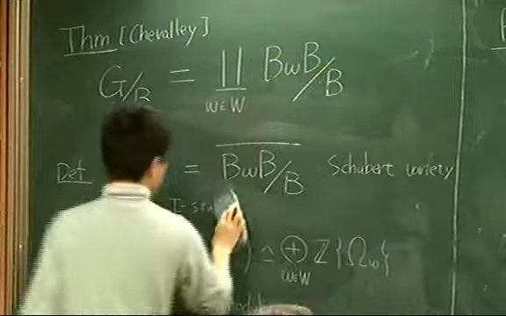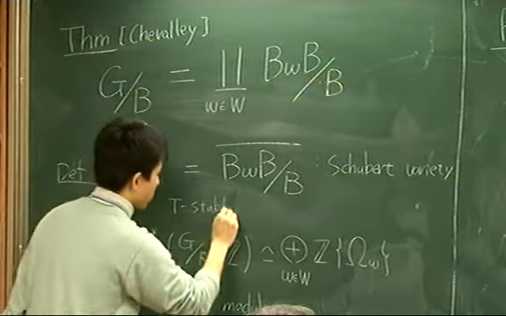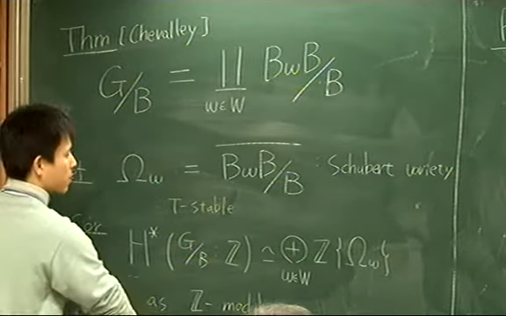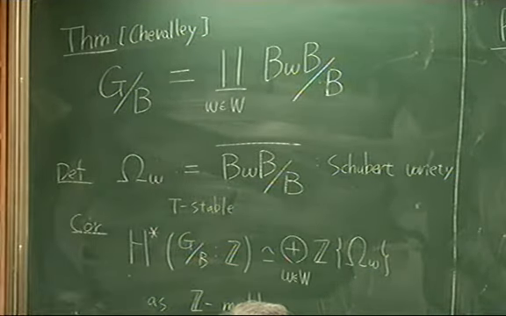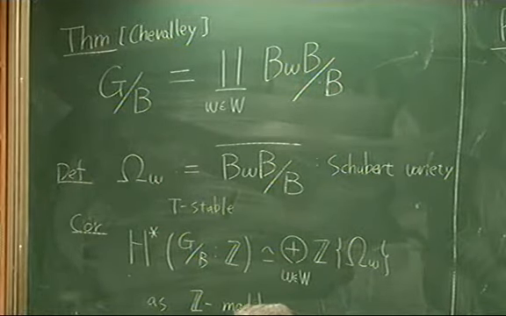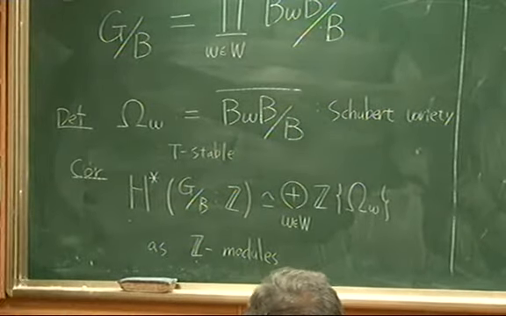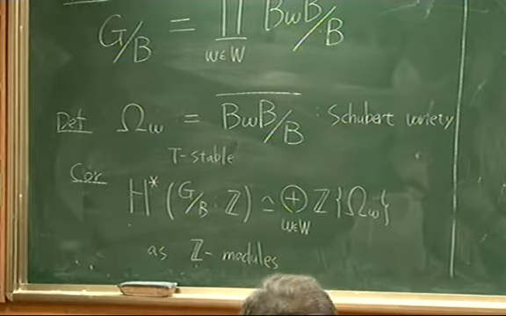Here T acts on the flag variety by left multiplication.